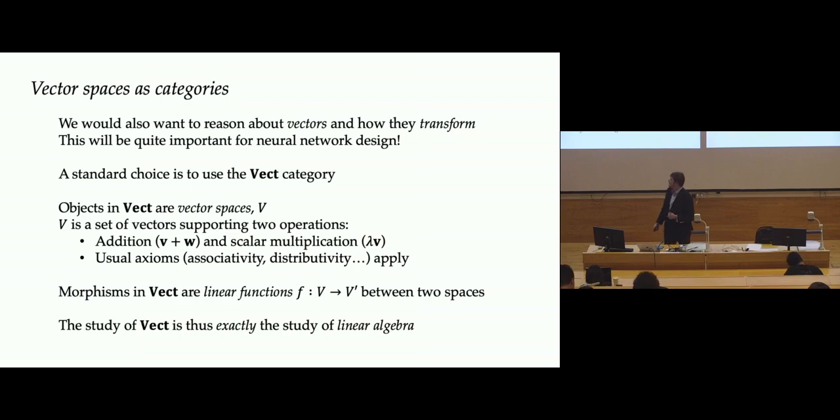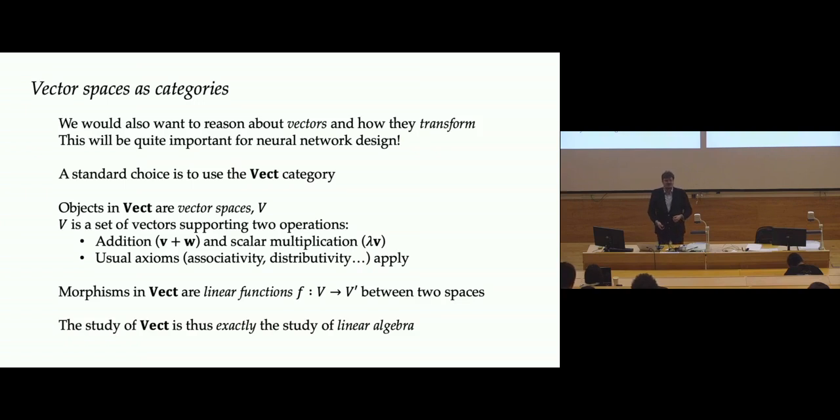Now, objects in Vect are just vector spaces V. So if you have forgotten what vector spaces are, they are just sets of vectors. So these are still sets, by the way. This will be a subset of Set. But the objects are now sets of vectors that have support for the standard vector operations like addition, scalar multiplication, and the usual axioms about vectors that need to apply.